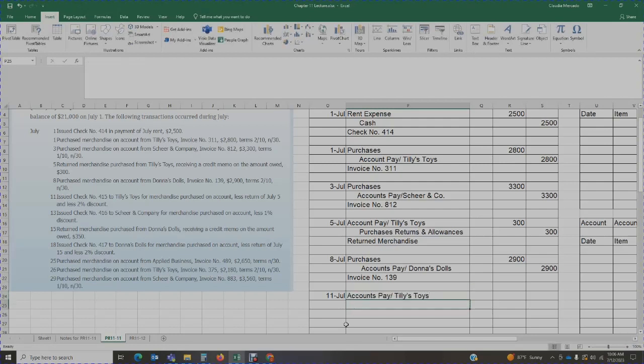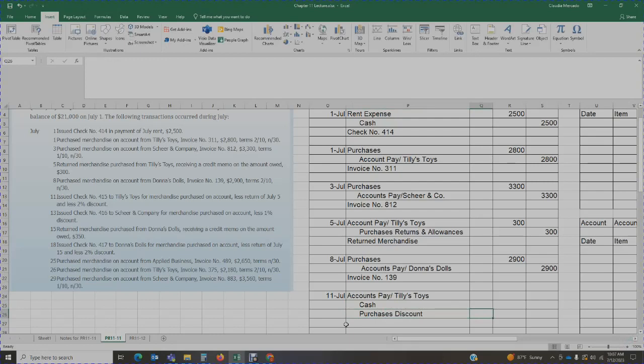When we make a payment, what happens to our cash? Our cash goes down, it decreases, so then cash would have to be credited. And then the problem mentions the discount. There's a discount if you pay within 10 days. So we're going to have a purchases discount. Okay. So those are the three accounts that are going to be affected.